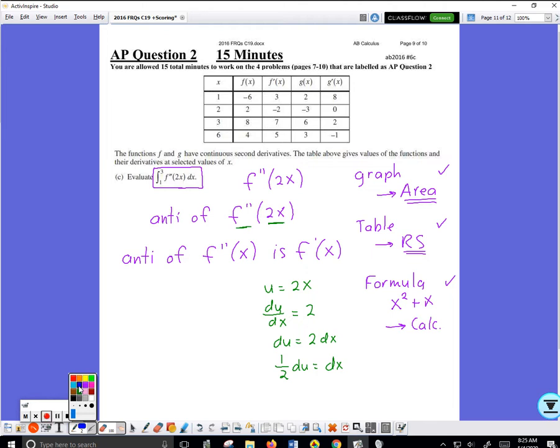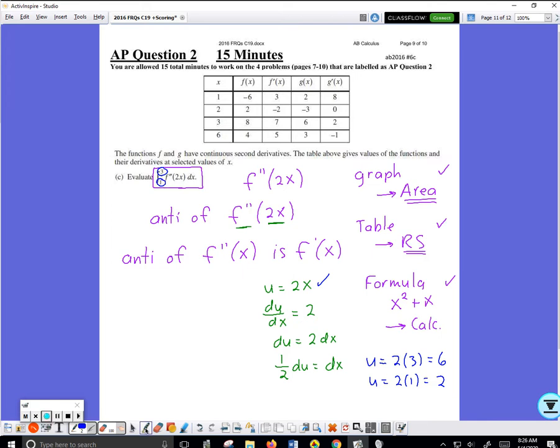So u will equal 2 times the upper limit, 2 times 3, that's 6. And then u will also equal 2 times the lower limit of 1.